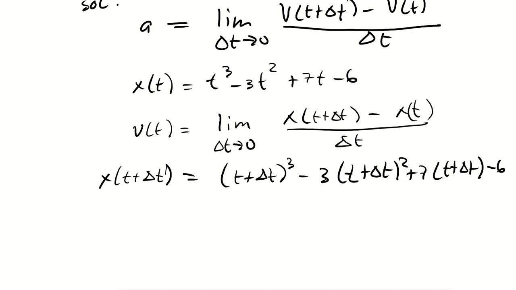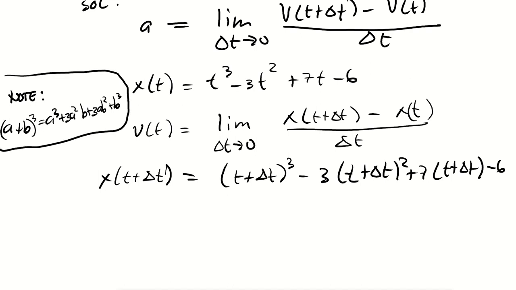Then how do we expand the cubic binomial? Note here, (a plus b) cubed is equal to a cubed plus 3a squared b plus 3ab squared plus b cubed.